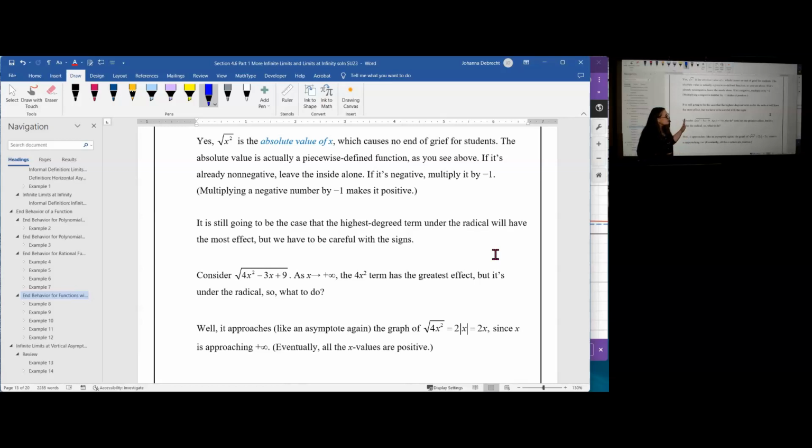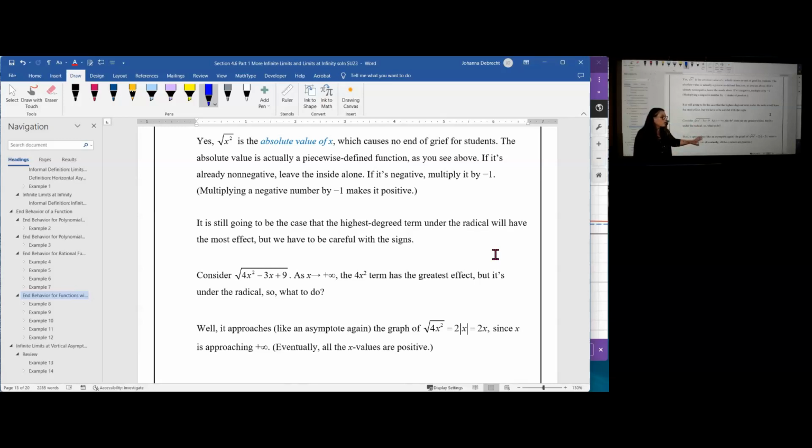Now, it's still going to be the case that the highest degree term under that radical will have the most effect on the end behavior. But we have to be careful with those signs. So let's think about the square root of 4x squared minus 3x plus 9. As x approaches positive infinity, the 4x squared term has the greatest effect, but it's under the radical. So what do we do with that?